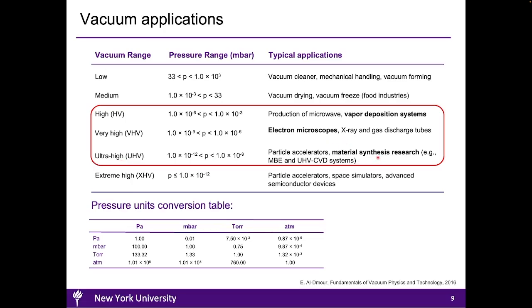Examples of such systems include molecular beam epitaxy and ultra-high vacuum chemical vapor deposition systems that are used for epitaxial growth of semiconductors such as compound semiconductors and silicon germanium.